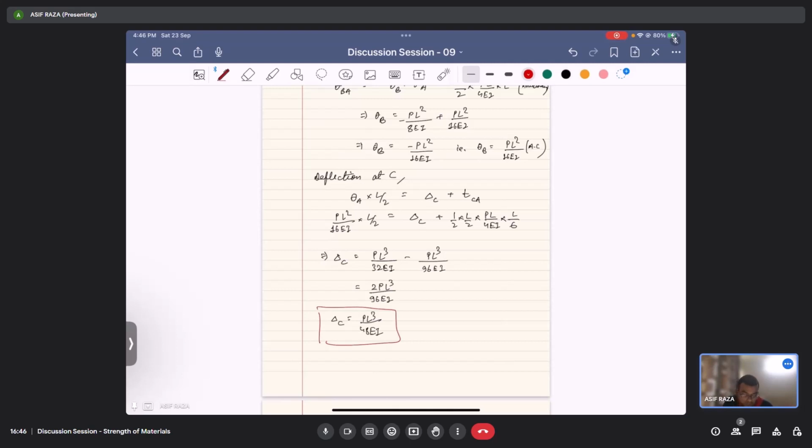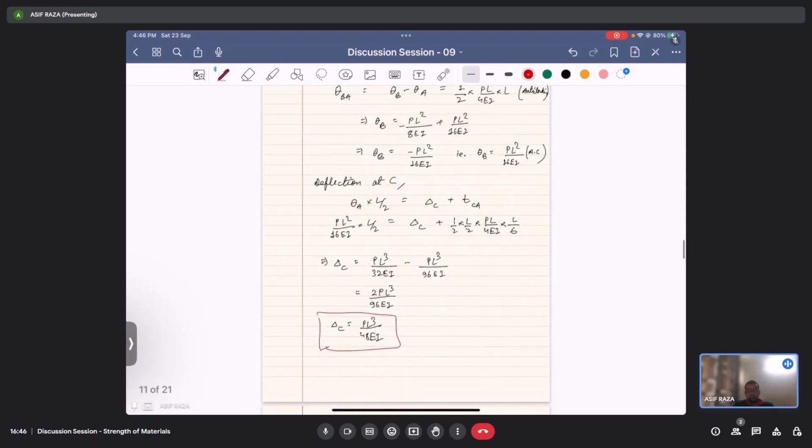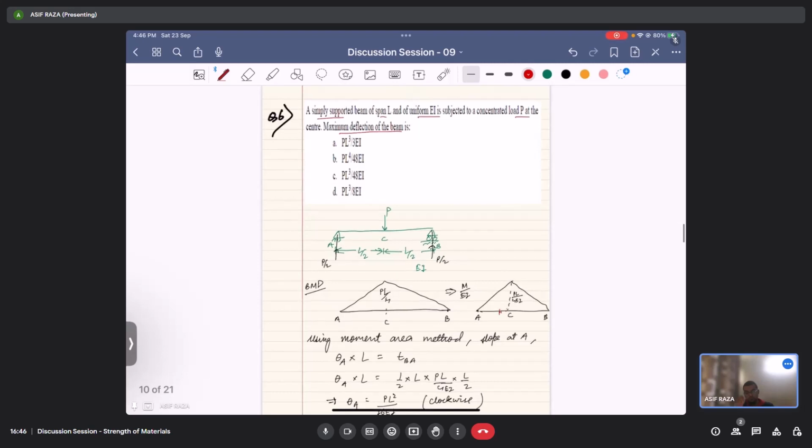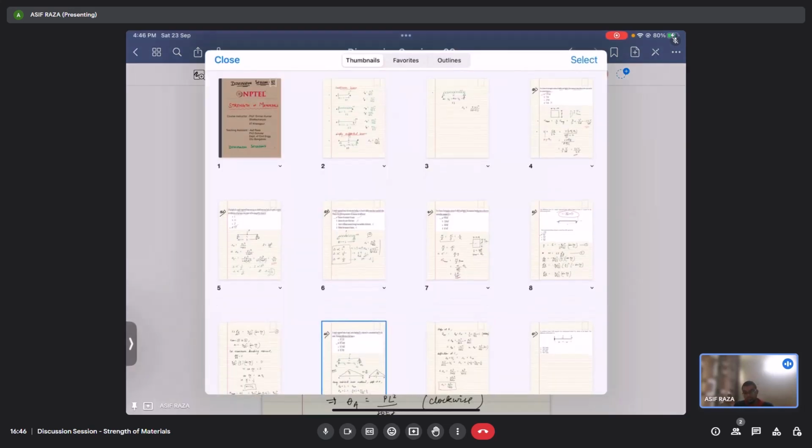So this is what we'll have. This would be the maximum deflection, and that would occur at the center, right? And the value is PL cube by 48 EI. The answer is option B. I already told you guys to remember it.